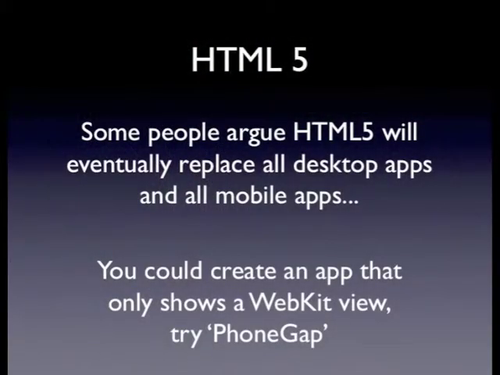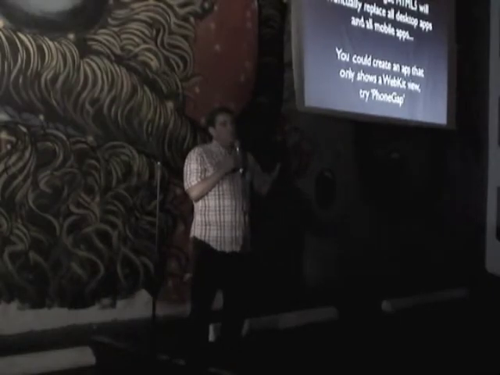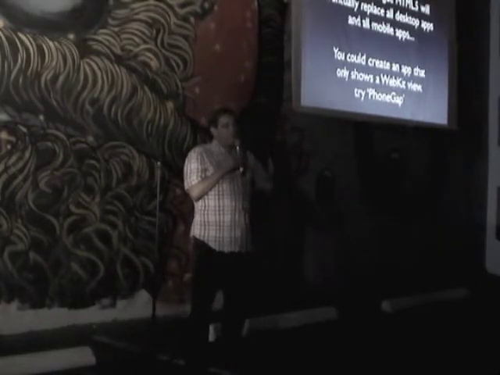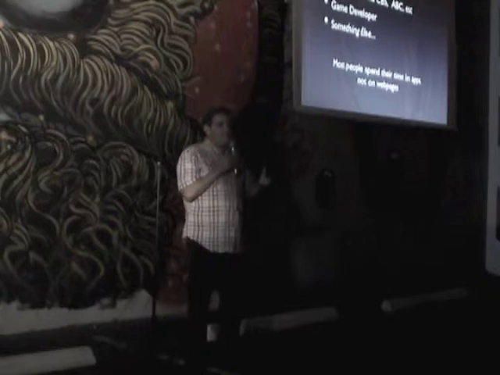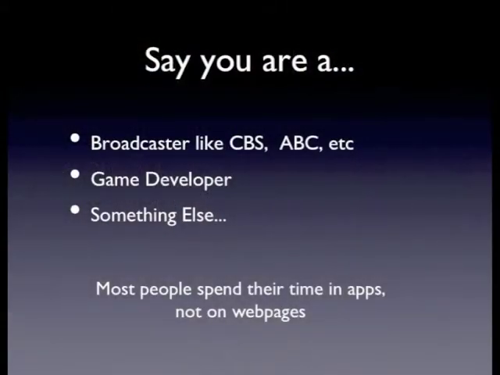As I mentioned before, you don't have to do it with C. You can also do an HTML5 app. What you can do is build a little wrapper that allows you to put your small website as an app on the App Store. Say you're a broadcaster and you want to target multiple platforms.